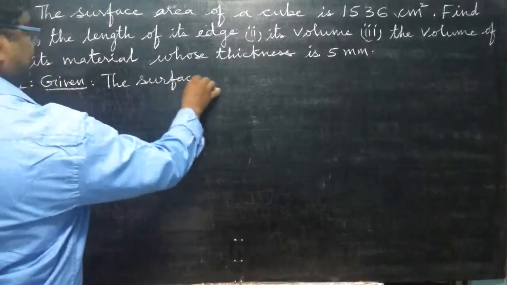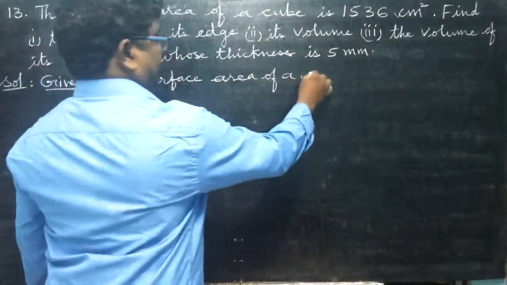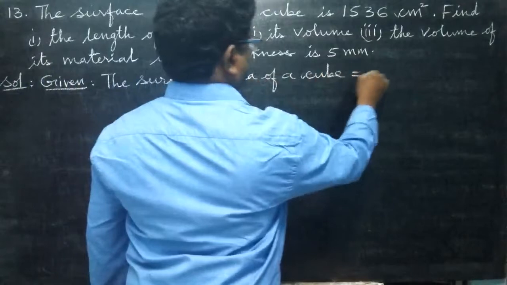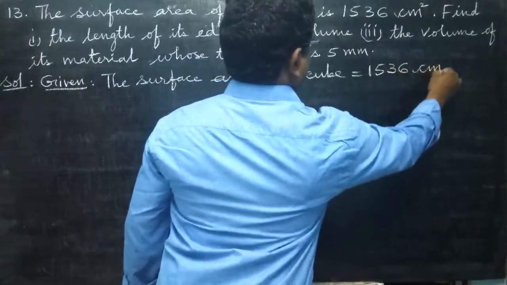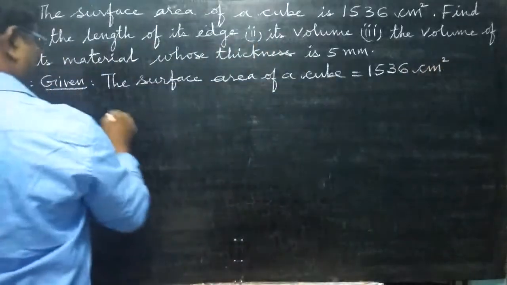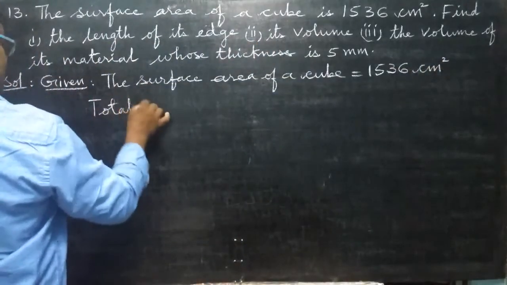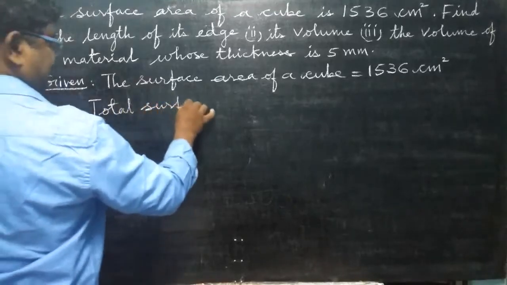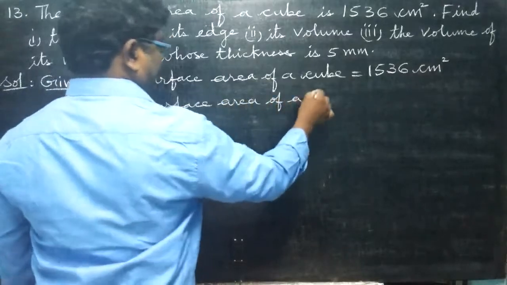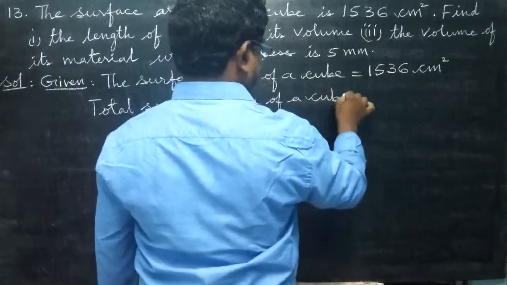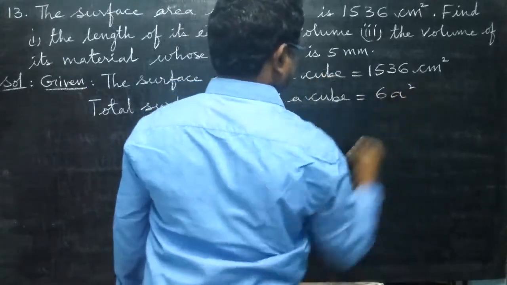What is given means the surface area. The surface area of a cube is equal to 1536 centimeters square. Surface area means, as I told you, total surface area only. Formula is 6a square.